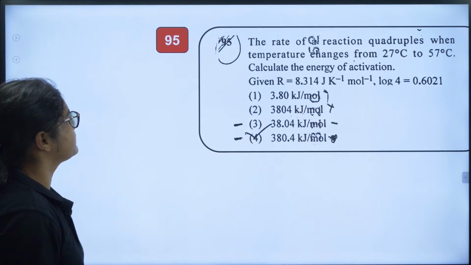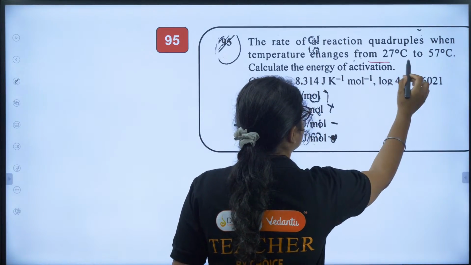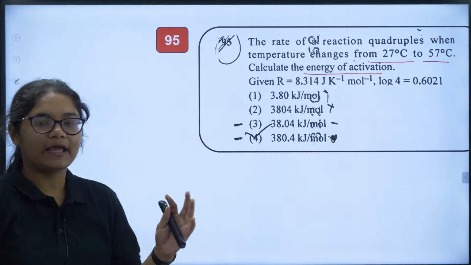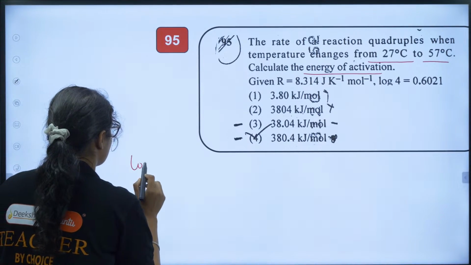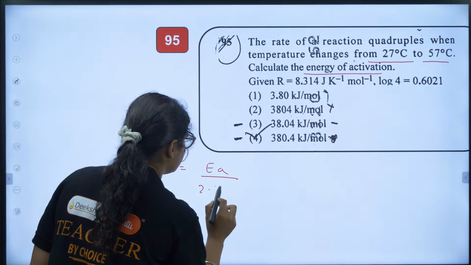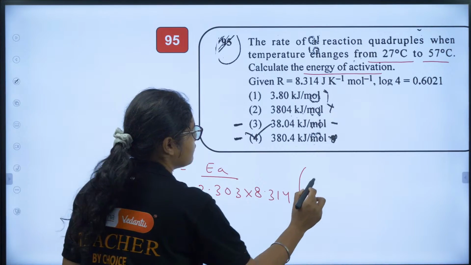Okay. Now next question, the rate of reaction quadruples when the temperature changes from 27 to 57 degrees Celsius. Calculate the energy of activation. Direct formula based question from your Arrhenius equation. So you have to use log of K2 by K1, which will be log 4, equals Ea by 2.303 into 8.314, right, into 1 by T1 minus 1 by T2.